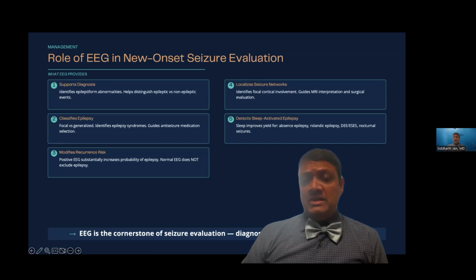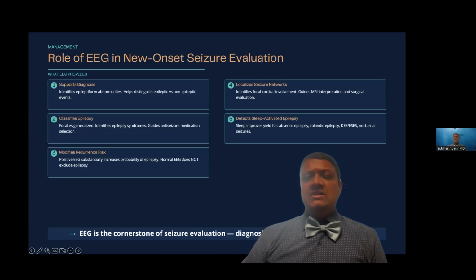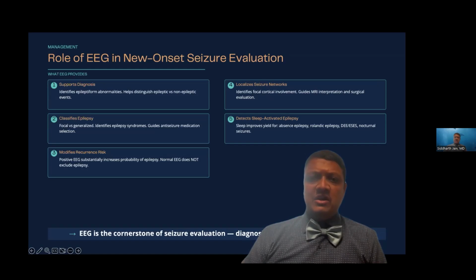And importantly, beyond seizures, EEG can also help us detect abnormal activity in epilepsy, namely during sleep. As we'll discuss in the next slides, there are many pediatric epilepsies and conditions that have activation of abnormalities during sleep that can help define or understand some degree of the recurrence risk, but also help us understand if there is epileptic activity beyond seizures that may be impacting the child's development or cognition.